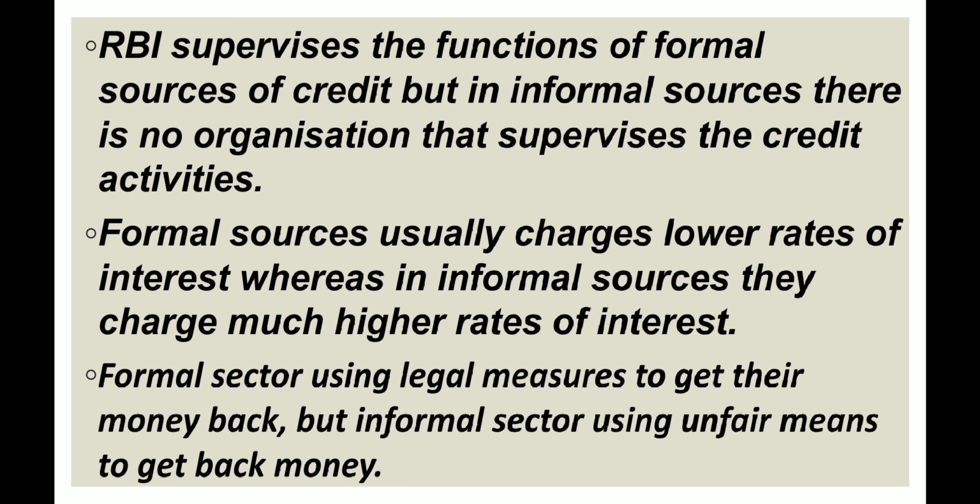RBI supervises the functions of formal sources of credit, but in informal sources, there is no organization that supervises the credit activities. Formal sources usually charge lower rates of interest, whereas informal sources charge much higher rates of interest. The formal sector uses legal measures to get their money back, but the informal sector uses unfair means to get back money.